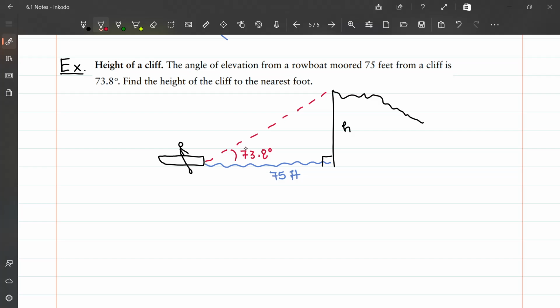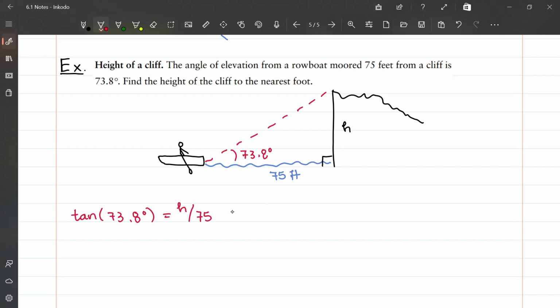If I take tangent of this angle, it's going to be calculated by the height h divided by this horizontal side of 75 feet. So I'm going to go ahead and write that here first. Tangent of 73.8 degrees is equal to h divided by 75.